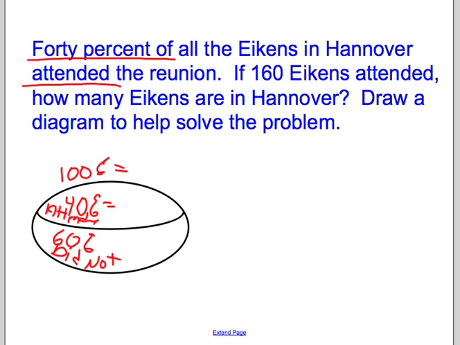What we're given with a number value, though, is 160 Icons attended. So that has to go in the attended spot across from the 40%. That's all the information we're given.